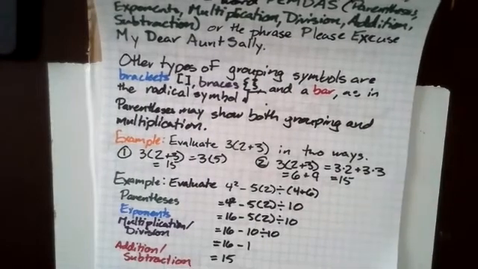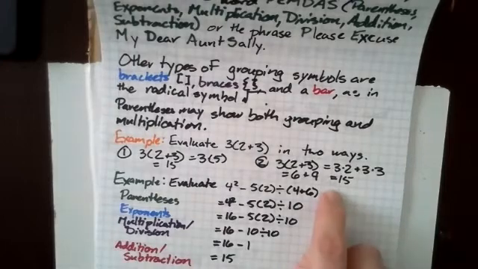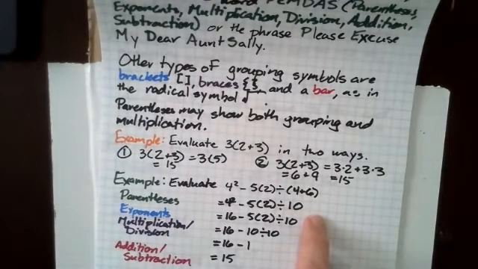Here's another example. Evaluate 4 squared minus 5 times 2 divided by (4 plus 6). First, we do the work in parentheses. That would be the 4 plus 6, so this becomes 4 squared minus 5 times 2 divided by 10. Next, we use exponents.